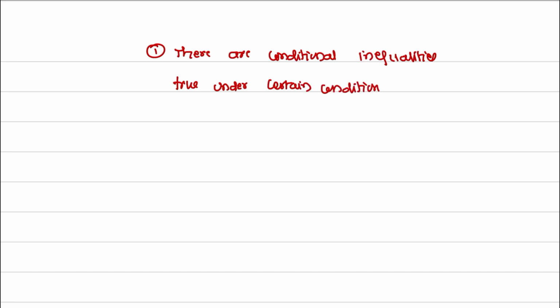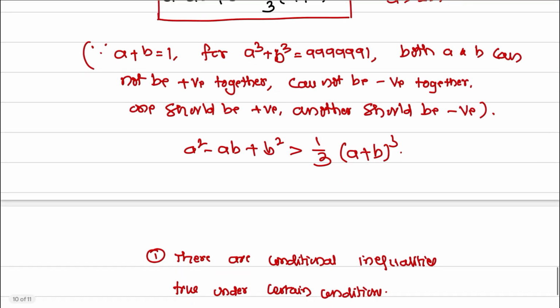The conditional inequality a square minus ab plus b square is greater than 1 by 3 into a plus b whole square.